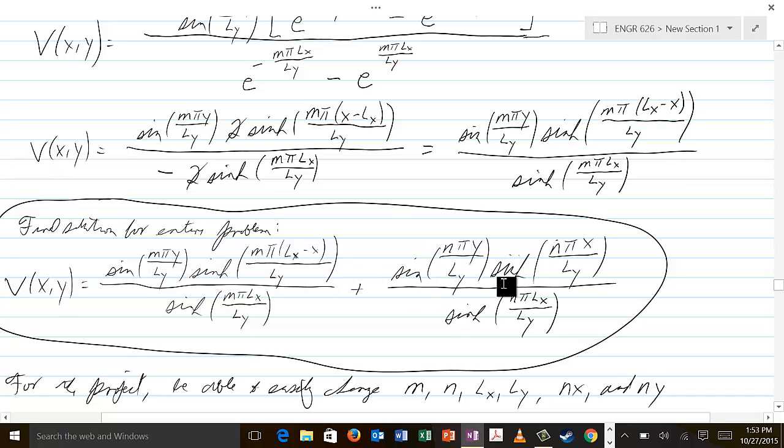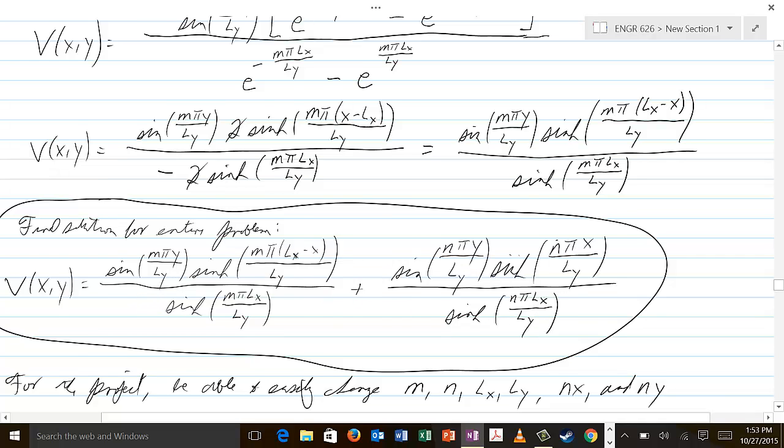So this total expression satisfies all the boundary conditions, and it also satisfies Laplace's equation in the interior, and therefore this is the analytic solution for this problem.